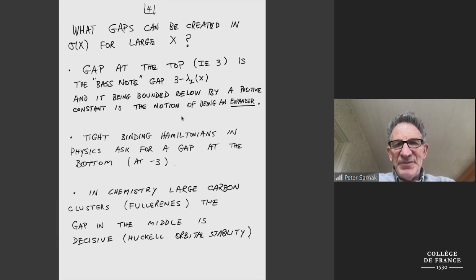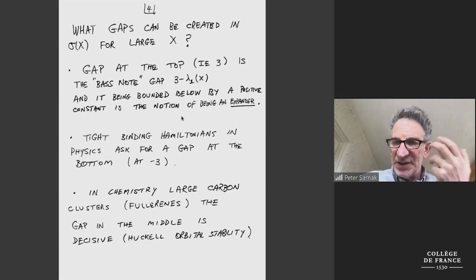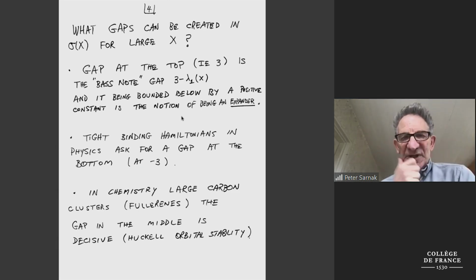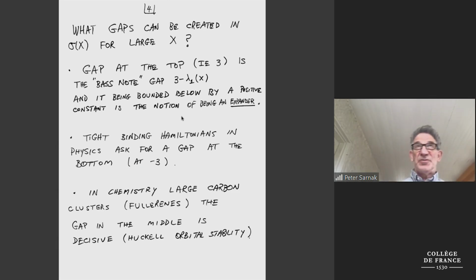That gap is a very important gap in combinatorics. It is the very defining quantity for what's known as an expander graph, which have proved to be very useful in combinatorics and computer science and in engineering as well. So that's a gap that we've been familiar with. Maybe if you haven't heard what an expander is, I highly recommend the article by Hoory, Linial and Wigderson called Expander Graphs and Their Applications in the Bulletin of the American Mathematical Society maybe 15 years ago.